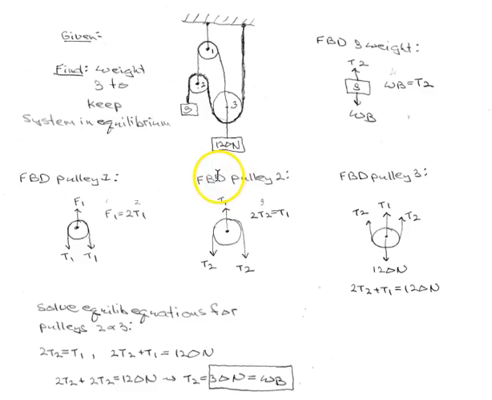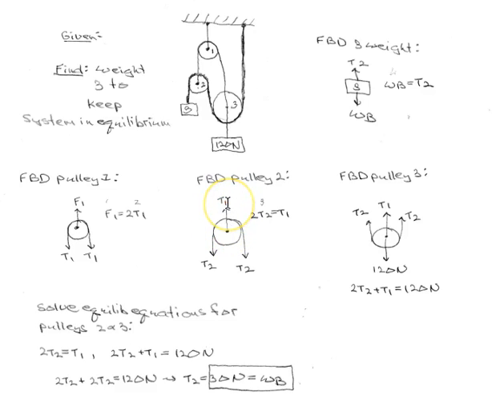So now I'll draw an FBD of pulley number 2. Notice I'm not going in any logical order here. I probably could have optimized this by starting with something else, but I'm just marching through it, and I'm going to rely on my equations of equilibrium and my FBDs to eventually get me there, which it will. So I look at pulley 2.